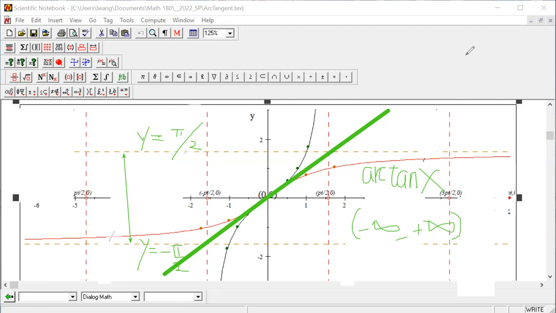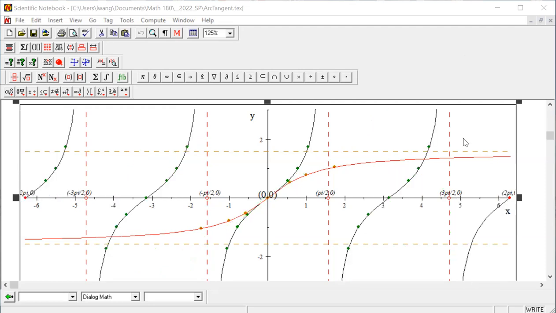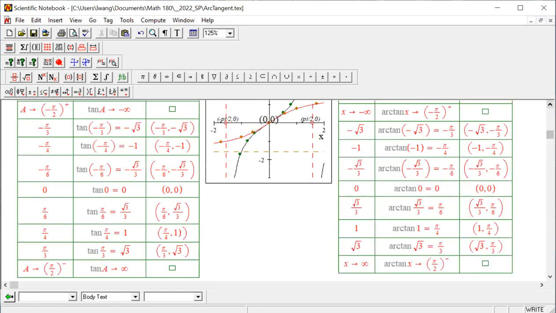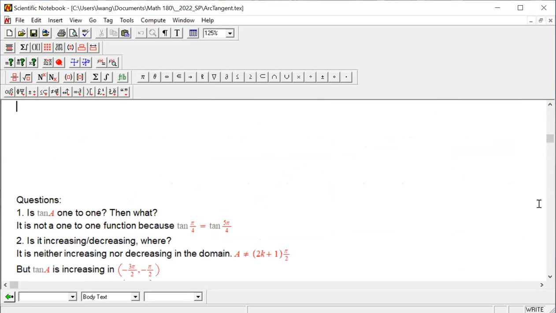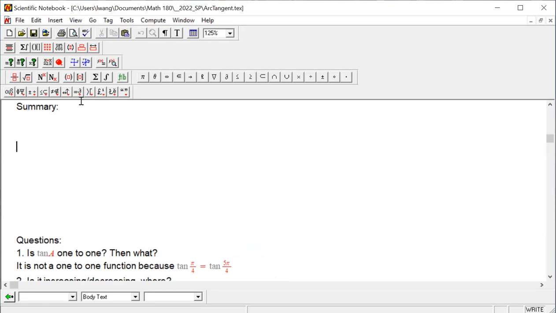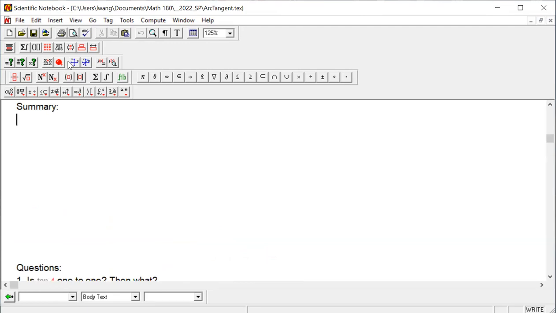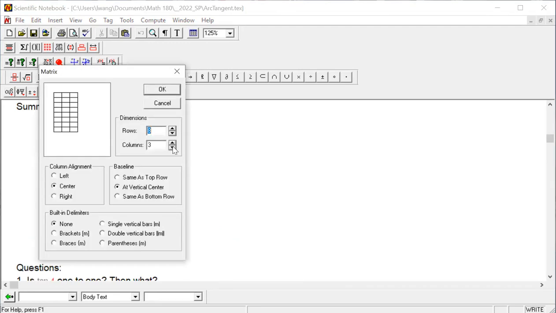So now let's summarize. Okay, so everything is back. First of all, we have a table.